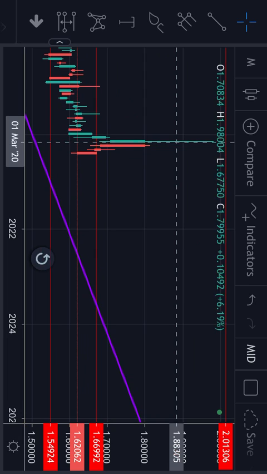If it passes it, and then comes back up a little bit but still falls, then boom, that's something I would definitely take a major trade on for the long term. For something like this, I would still trade it, but I would think to myself, okay, I need to get out before the 1.5492.